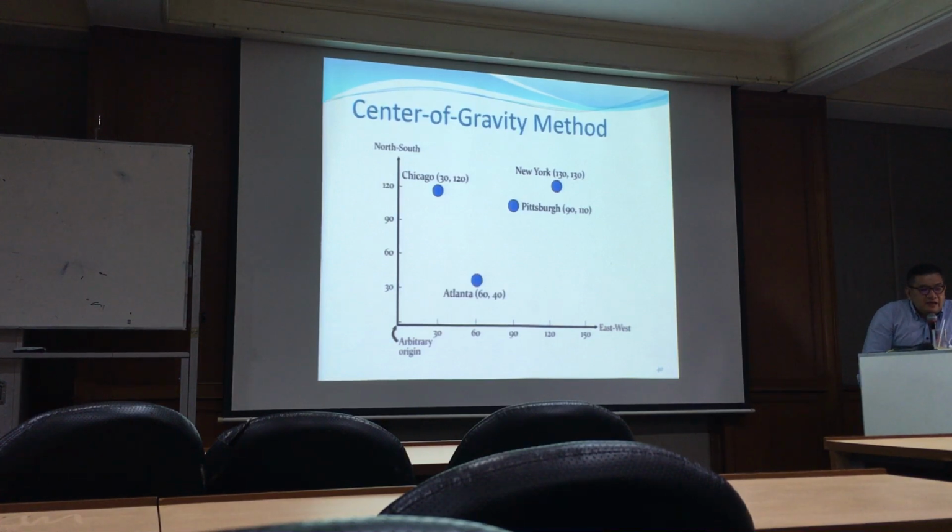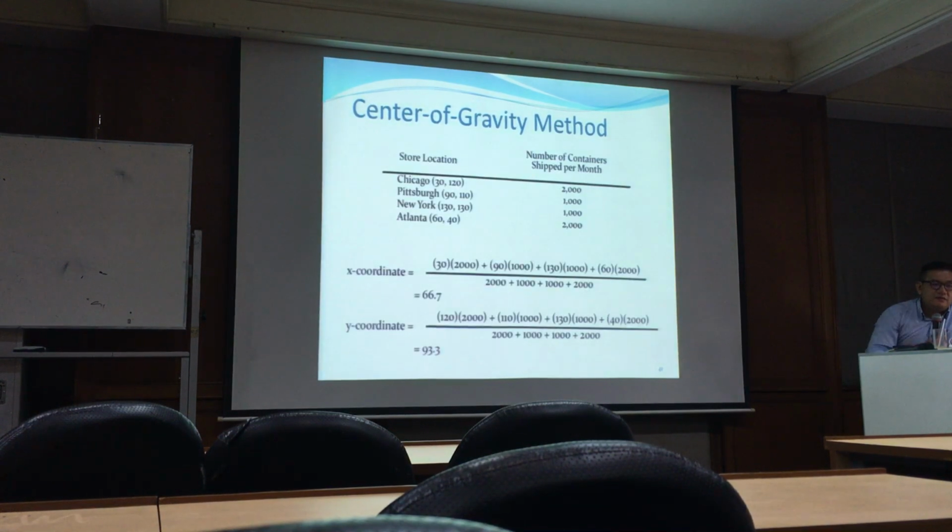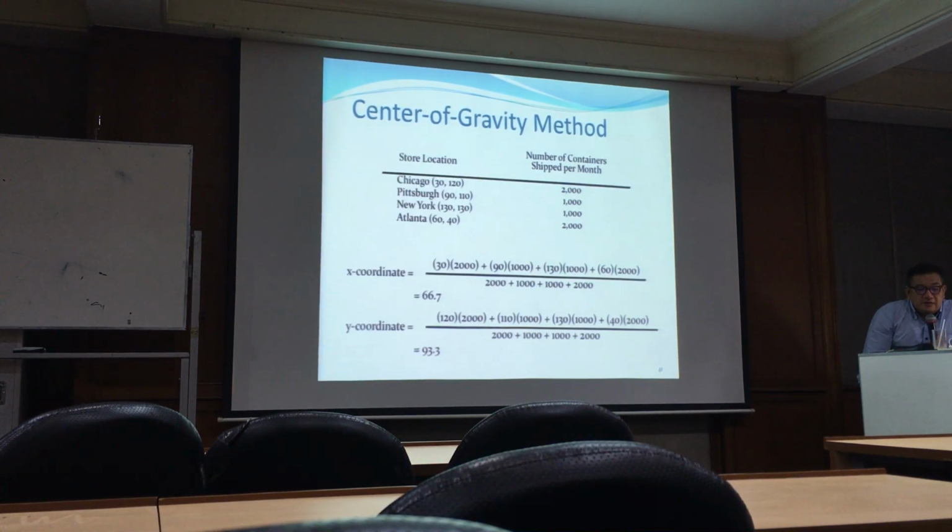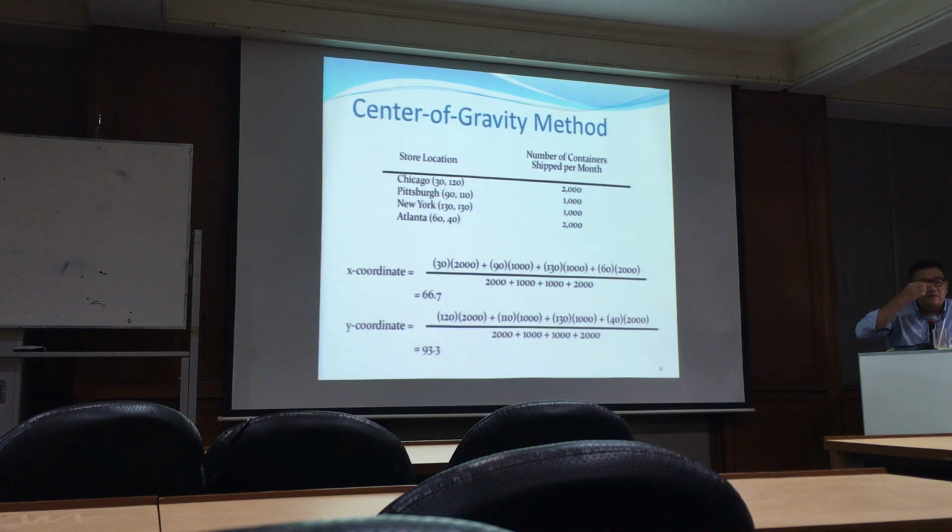After I have the coordinates for each location, since I have the information that each location has an unequal quantity to deliver, Chicago, we need to deliver 2,000 units, but for Pittsburgh, just 1,000, same as New York. And for Atlanta, it's 2,000.